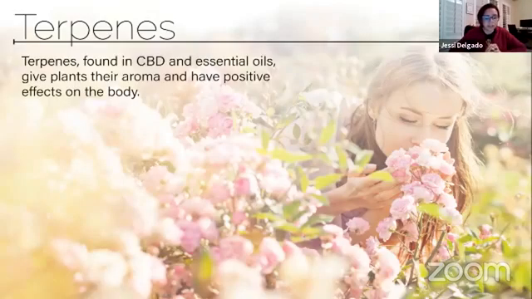So what are terpenes? Terpenes are what give plants their aroma. The fragrant imprint in each plant is a result of different combinations of terpenes. When you smell the roses, you smell that distinct aroma. I love the aroma of roses, or mint, or any of the herbs, like basil.